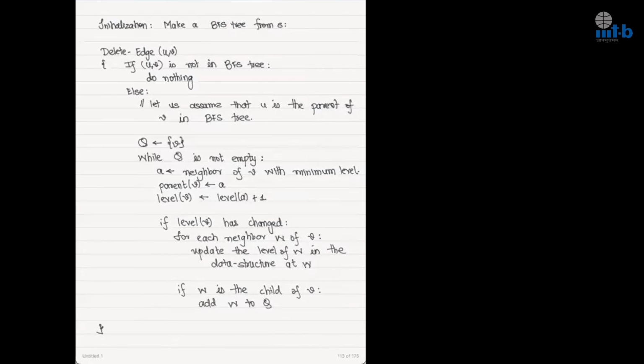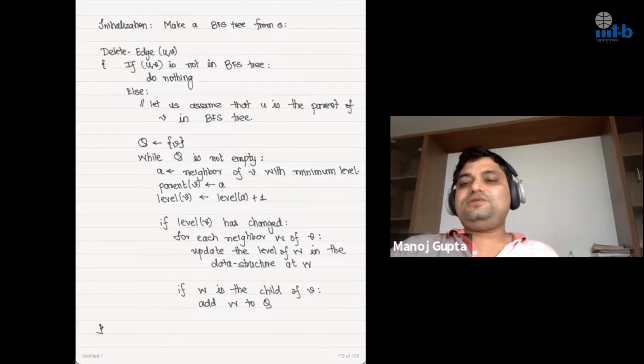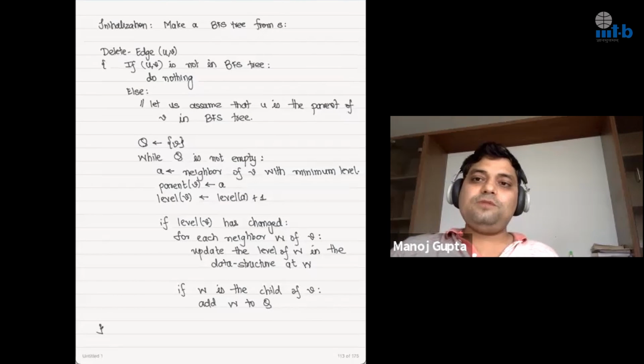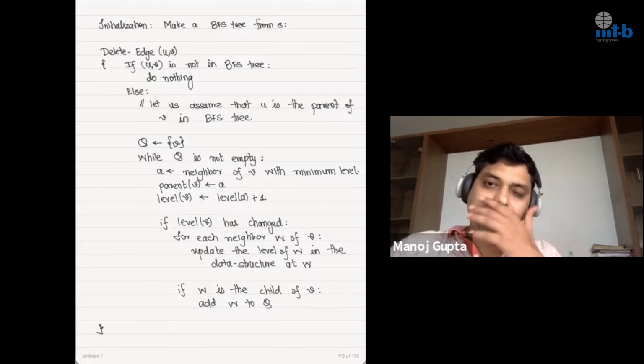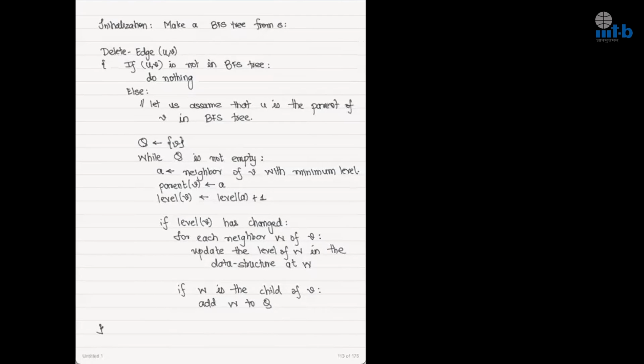My rough thinking is that we may need to keep updating this over and over again, and in the worst case we can do it n times. You said we need to keep updating, so you referred to some objects, but it's not clear what those objects are. It was only a very rough intuition. We are doing a BFS, and we may need to do this BFS for all n vertices, so that was my intuition.